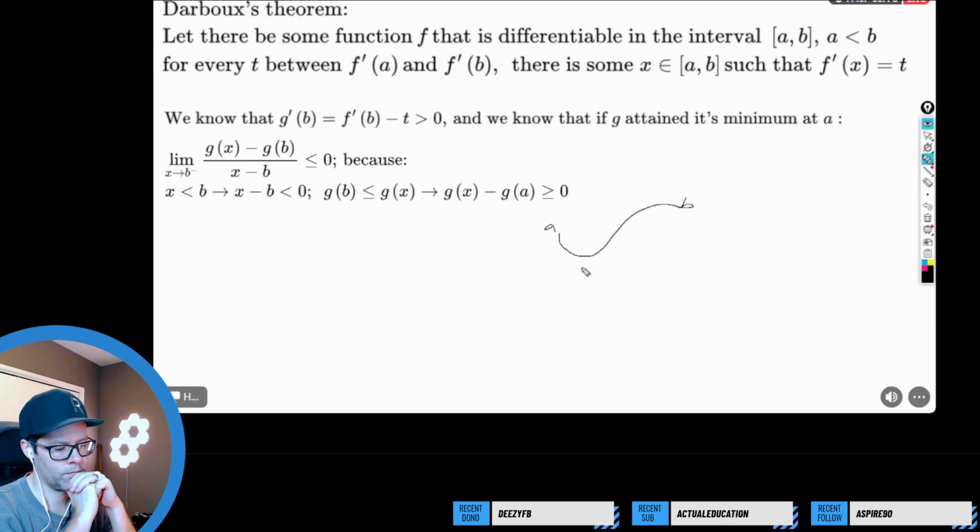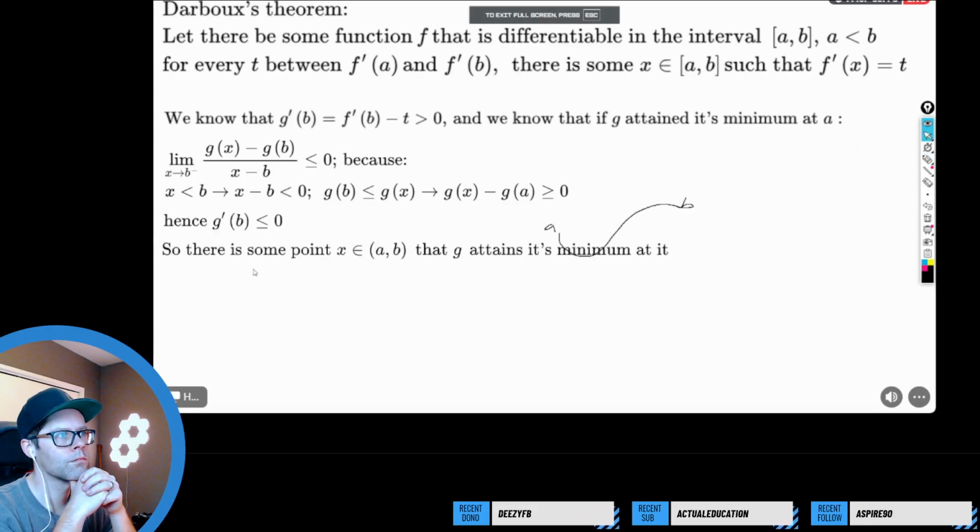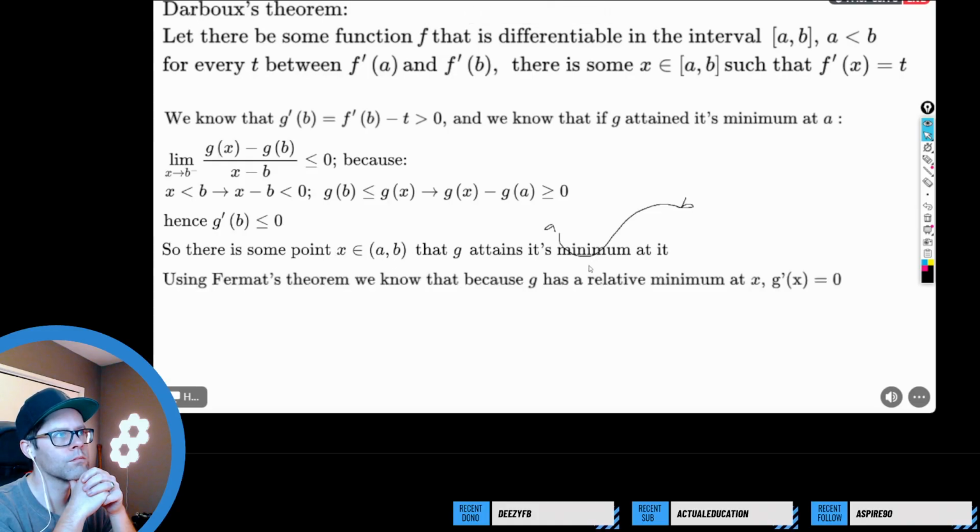And because of Fermat, if it is differentiable and has a relative minimum, the derivative has to equal 0. So it has some point at which it has a relative minimum.